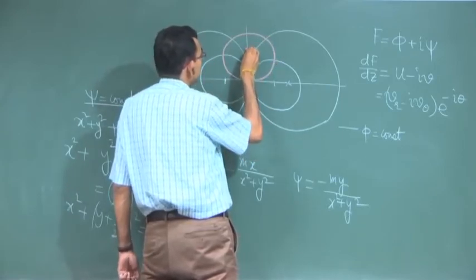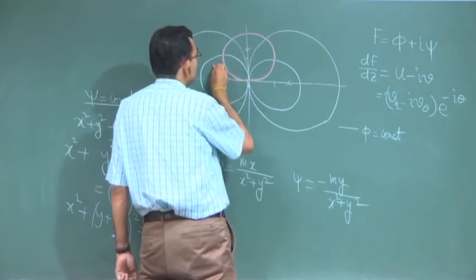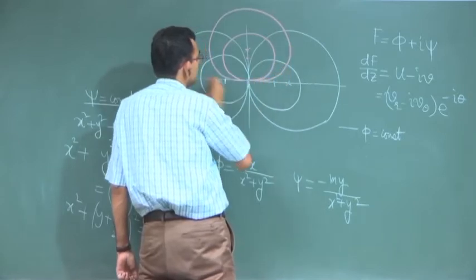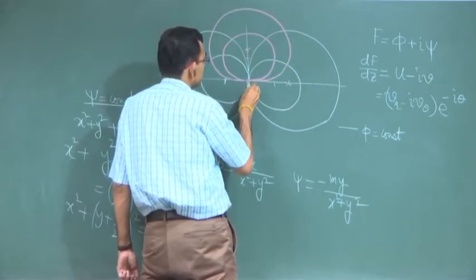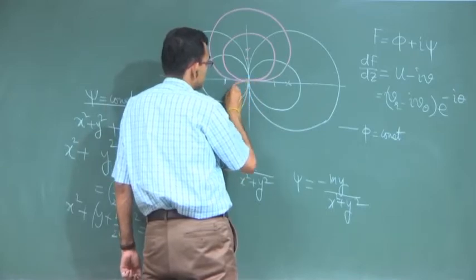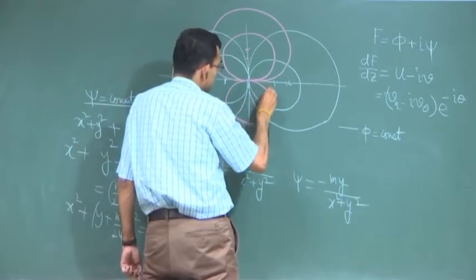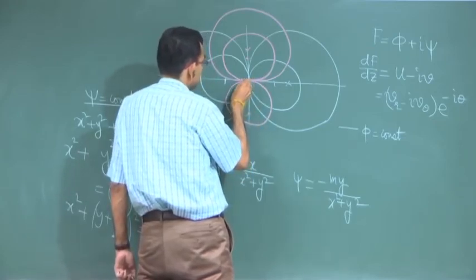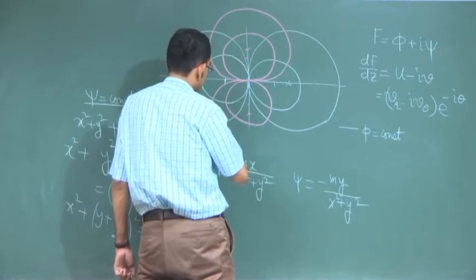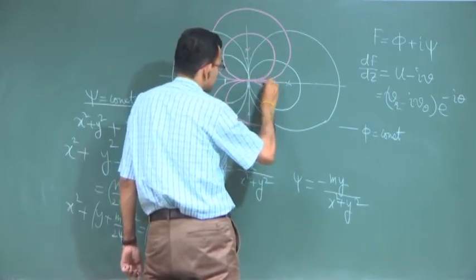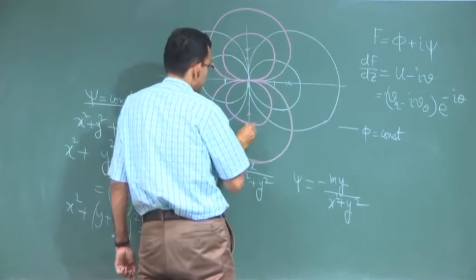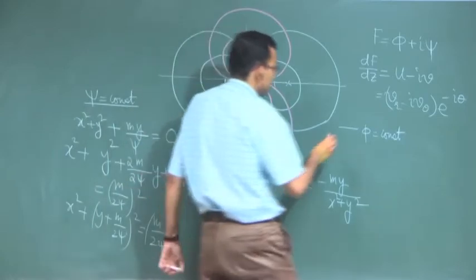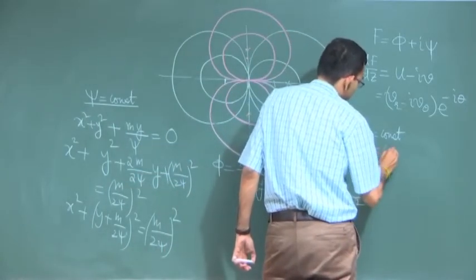Similarly, you can draw something for a higher radius. So, these pink colored lines are psi equal to constant.